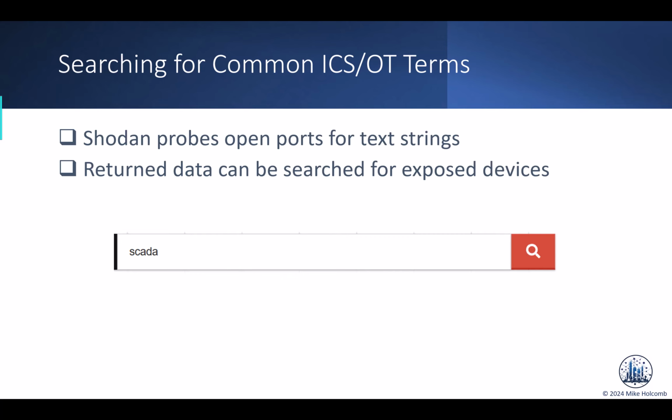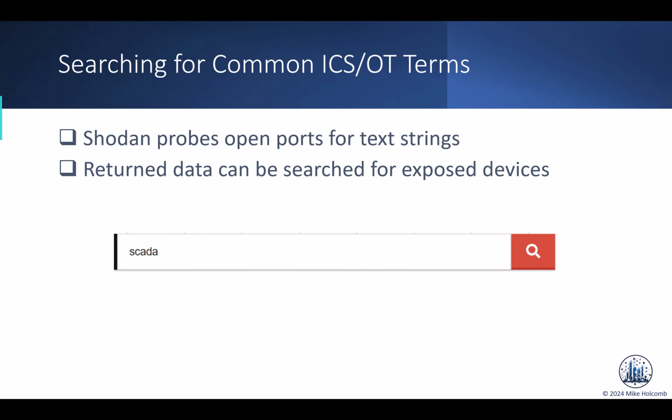SCADA's kind of faded into the background, but it's a type of operational technology, it's a type of control system that's particular where it works over a wide area link. And that's really the difference between SCADA and ICS. ICS is local, SCADA is wide area link, right? And we have lots of wide area links on the internet. So SCADA can definitely be a popular term that we see pop up on the internet.